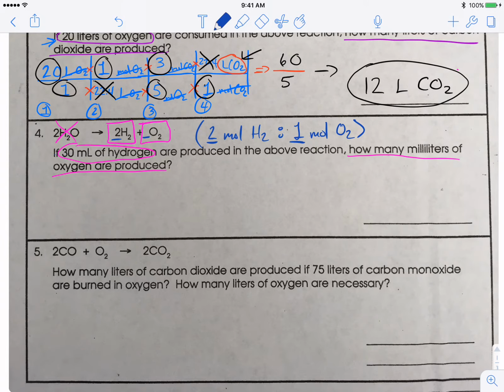And just like all the other examples, we're going to start our conversion with the number we were given. It's pretty convenient to do the short method whenever we have a unit that isn't in liters, because we do not need to bother with converting milliliters to liters. So we start with 30 milliliters of H2 over 1.